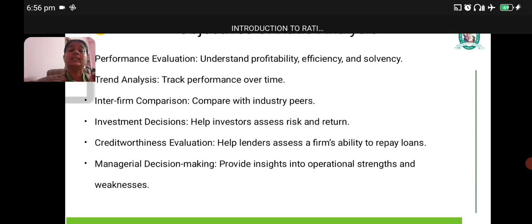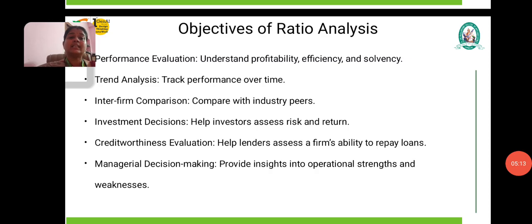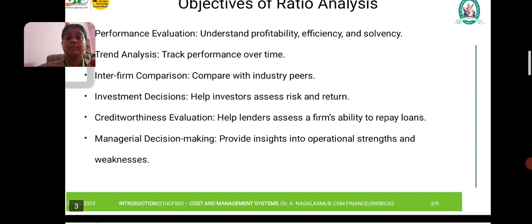Investment decision helps investors assess risk and return. Investors make investments in order to get a return, so they should know whether their decision to invest in our company is good or not, and whether they have to take back or make more investments.